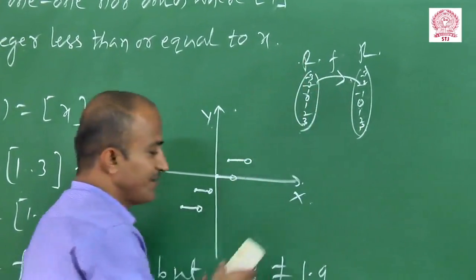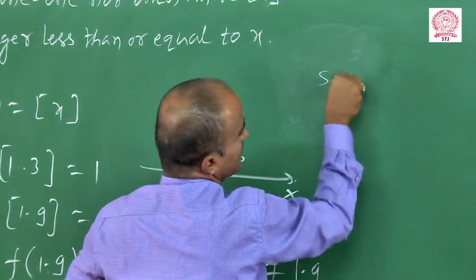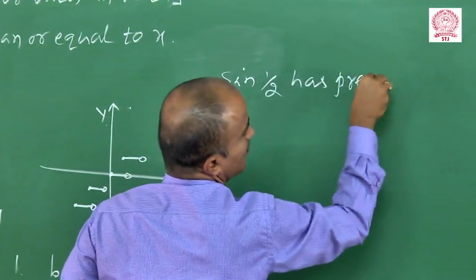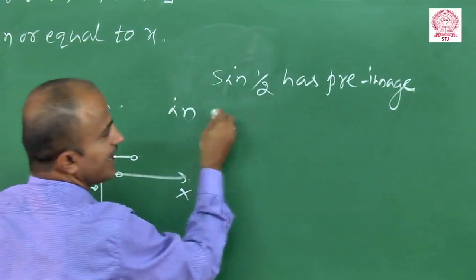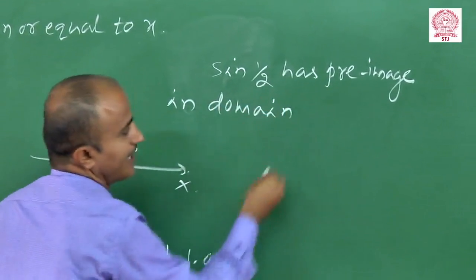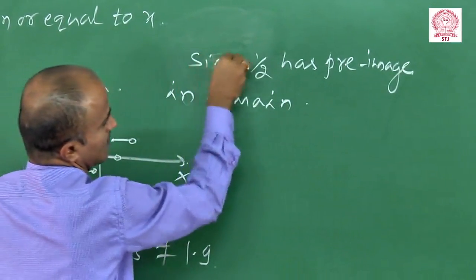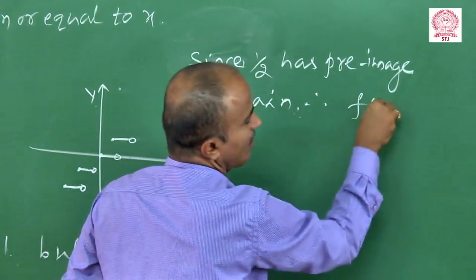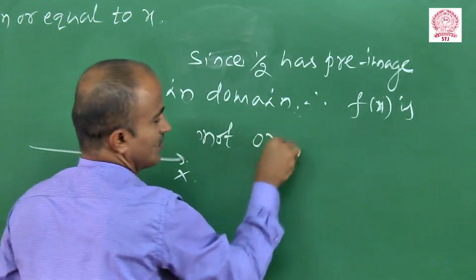Instead of that, we can say: since 1 by 2 has no pre-image in the domain, therefore f of x is not onto.